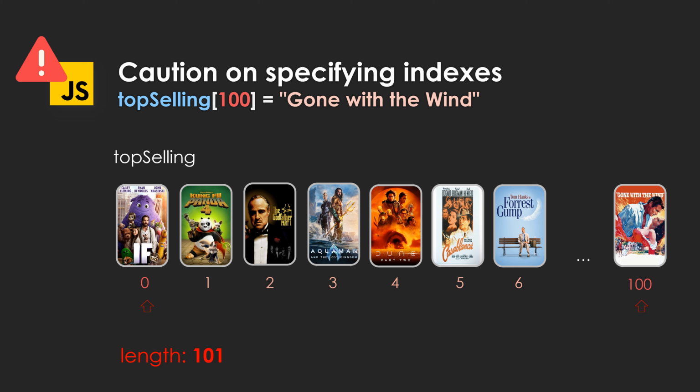It included the movie Gone with the Wind in the index number 100. However, take a look at the attribute length. It's not consistent anymore. Instead of 8 movies, it was recomputed as 101. This is the reason we strongly recommend the use of the functions unshift and push to include new elements.